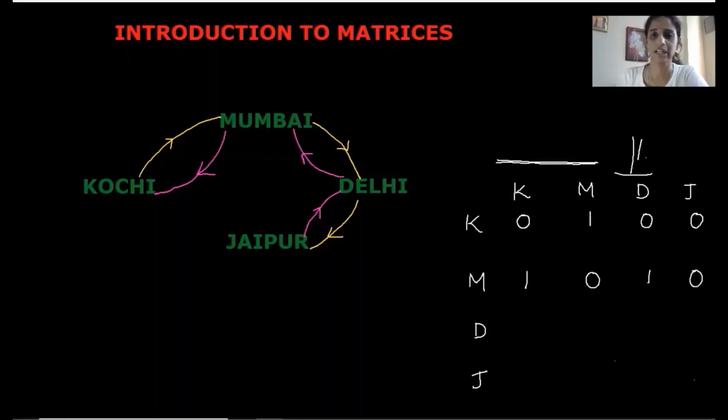Delhi to Kochi, 0. Delhi to Mumbai, 1. And Delhi to Delhi, 0. Delhi to Jaipur, 1. Jaipur to Kochi, 0. Jaipur to Mumbai, 0 again. Jaipur to Delhi, 1. And Jaipur to Jaipur, 0.